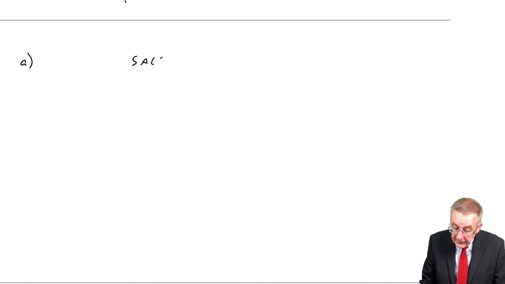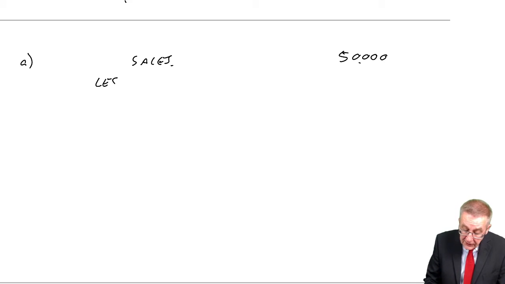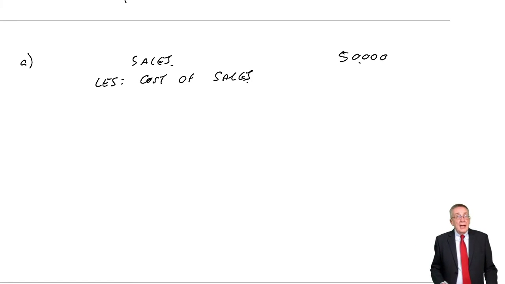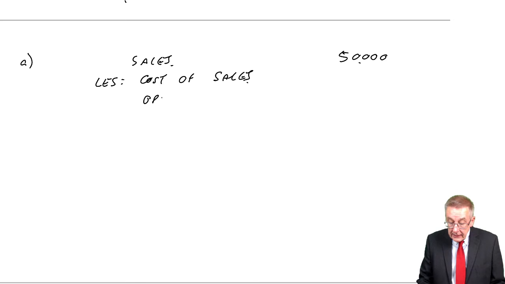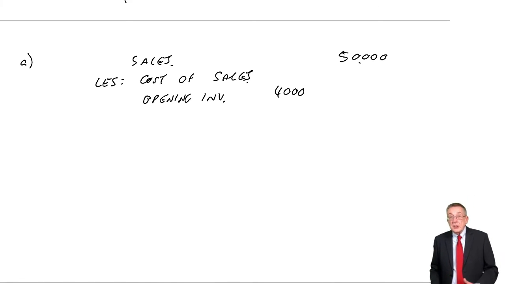Well, the trading account, the sales, 50,000. Subtract the cost of sales. Well, remember, in our warehouse, at the end of last year, the beginning of this year, we already had inventory, opening inventory. At the end of last year, 4,000.